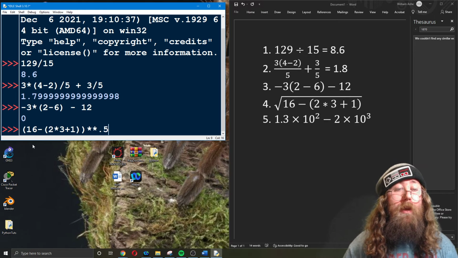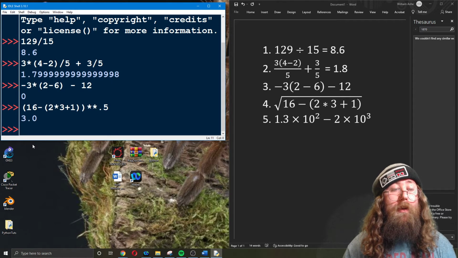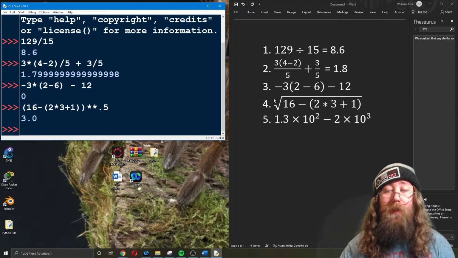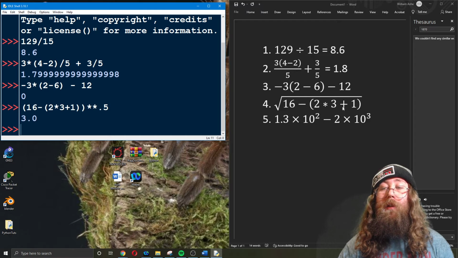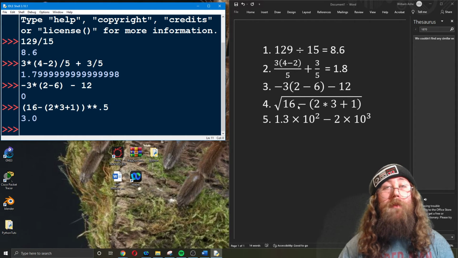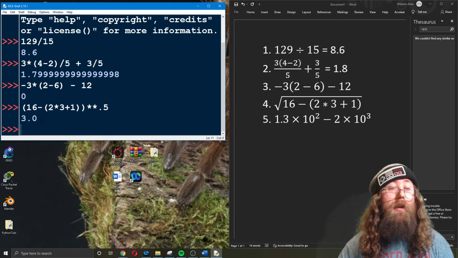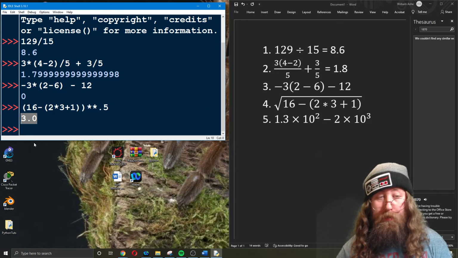So entering this in as so, I get the answer 3.0, which is correct, because if we compute this here, 2 times 3 is 6, plus 1 is 7, 16 minus 7 is 9, the square root of 9 is 3, so 3.0. We get our nice float for our answer here.